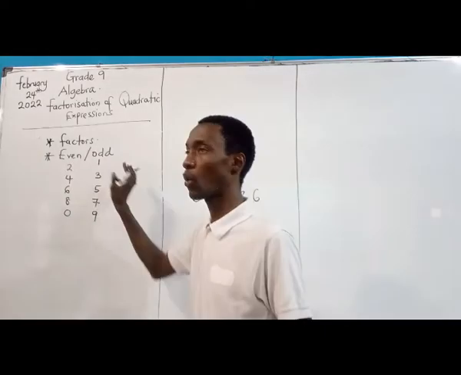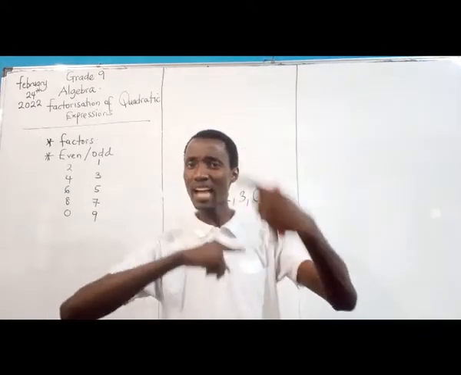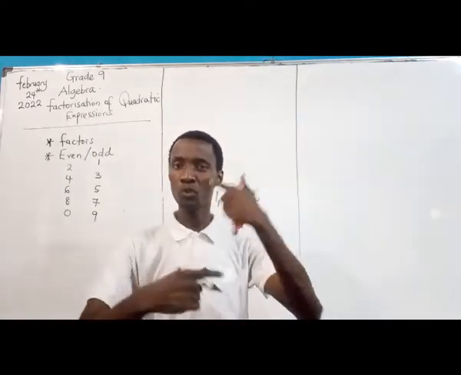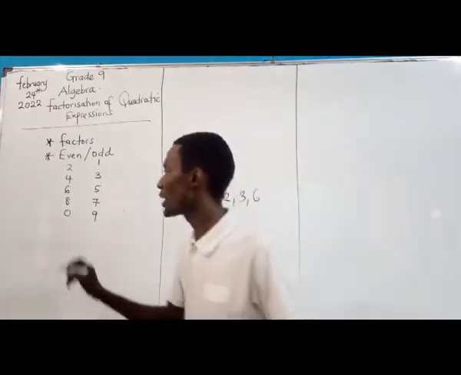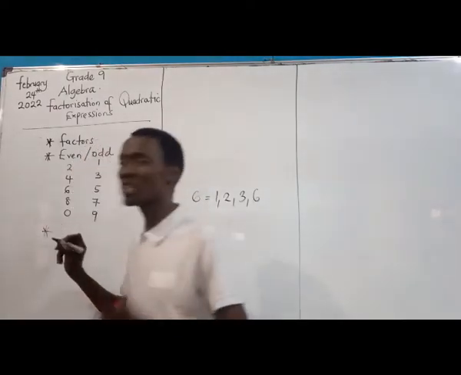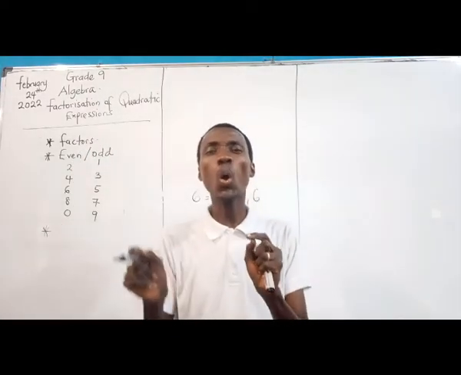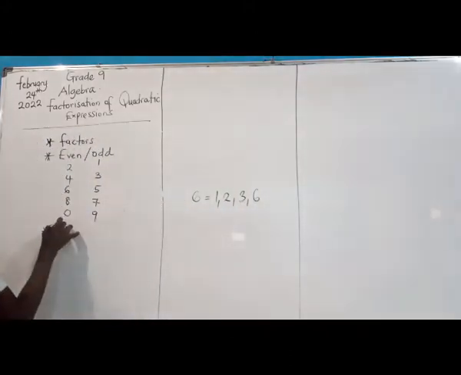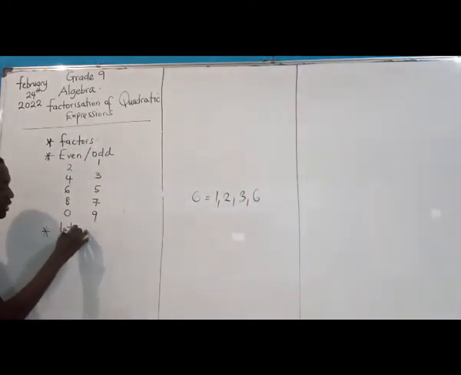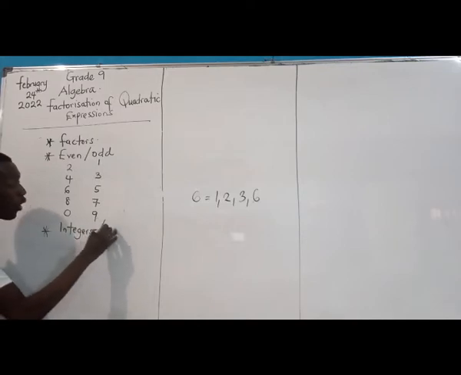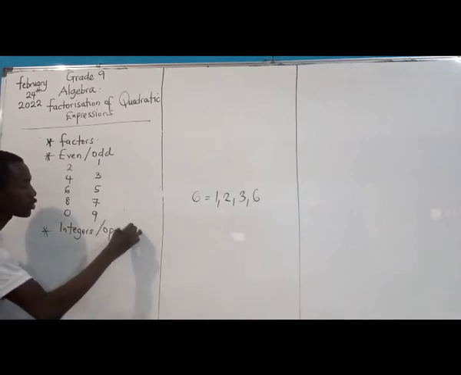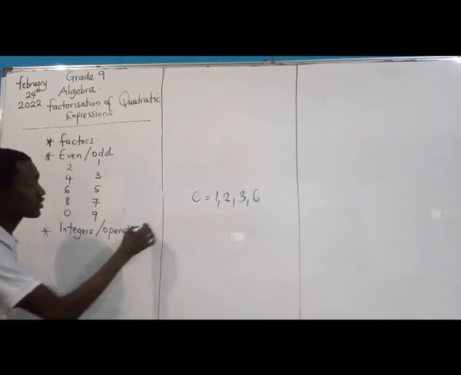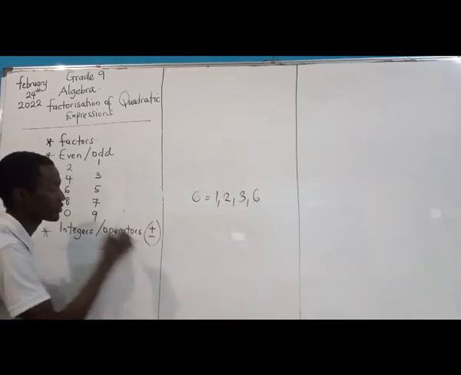Now that's for even and odd. This has to do with the type of numbers. Now, there is another concept you need to take note of. It has to do with the operation, or let's call it our concept of integers. Integers and operators. And the operators we are considering are plus or minus.